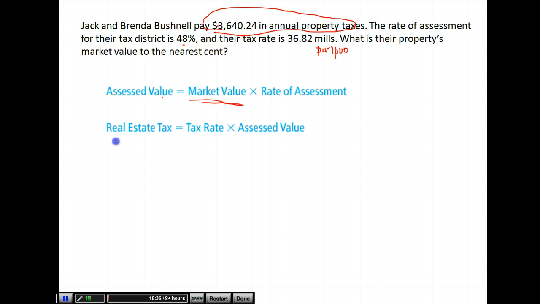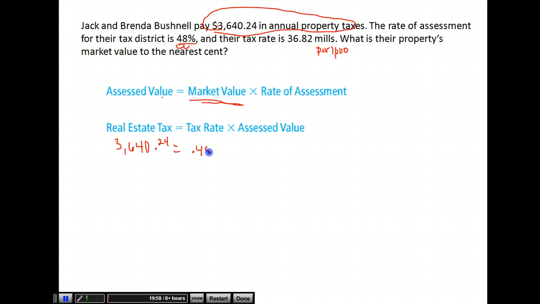So I'm starting with this equation here. Okay, so the real estate tax is $3,640.24. That's supposed to be equal to the tax rate. Do we know the tax rate? We do. The tax rate is 48%. So I move the decimal 2 places to the left.